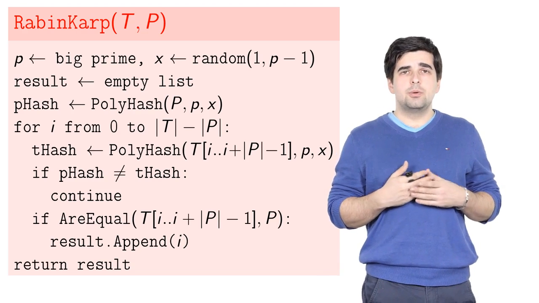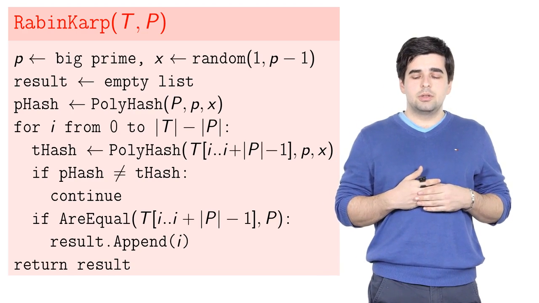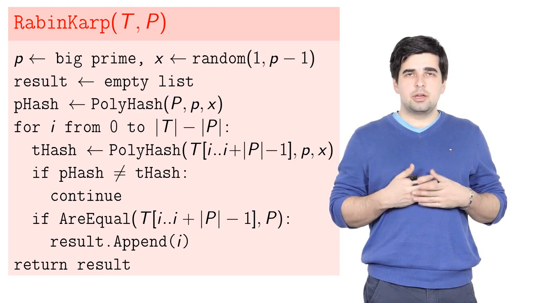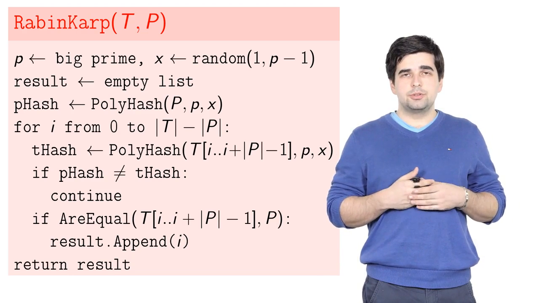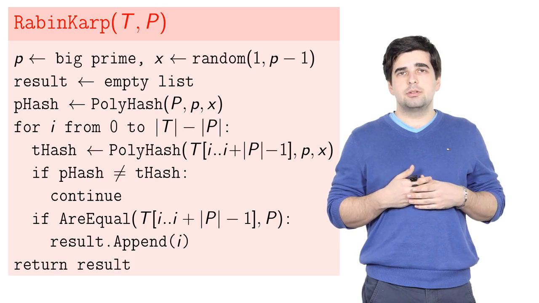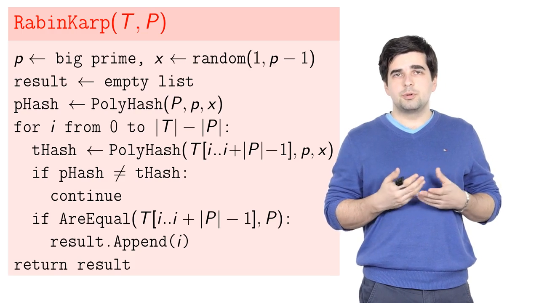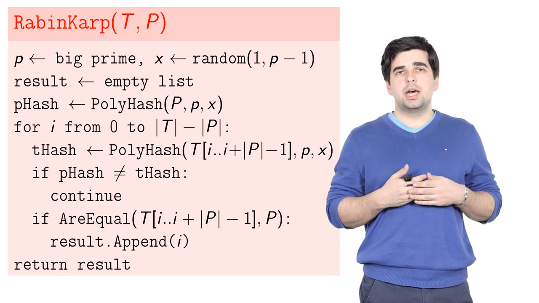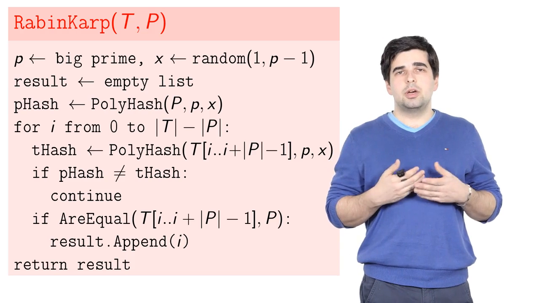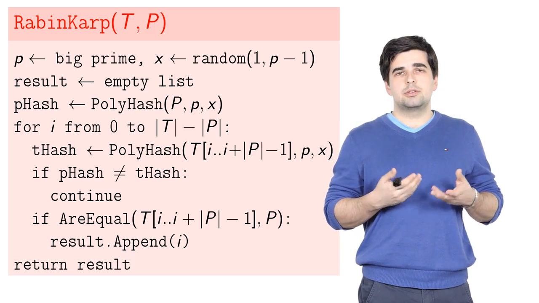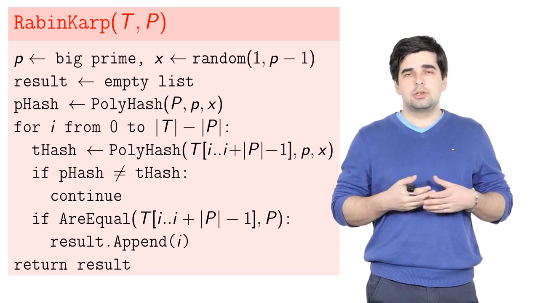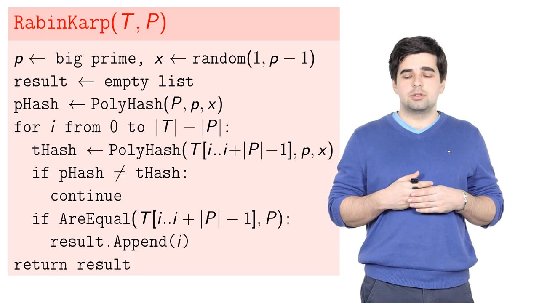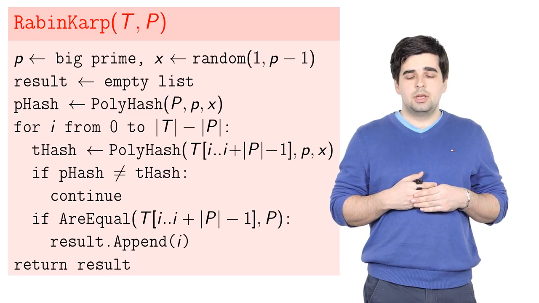To do that, we call AreEqual and pass the substring and the pattern. If AreEqual returns true, the pattern is really equal to the corresponding substring of the text, and we append position i to our result, because pattern P occurs at position i in text T. Otherwise, we just continue to the next iteration of our for loop.